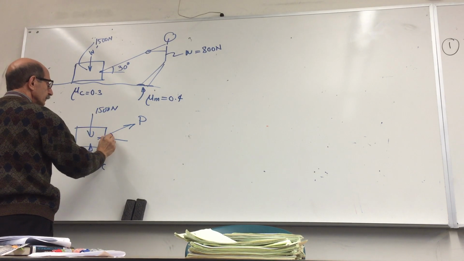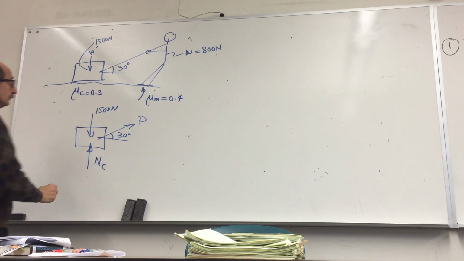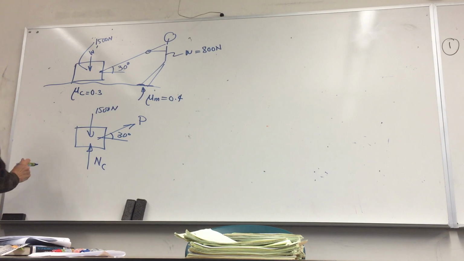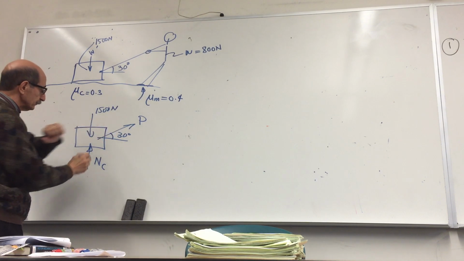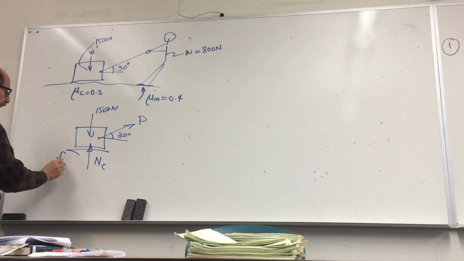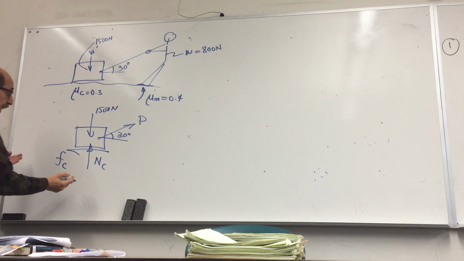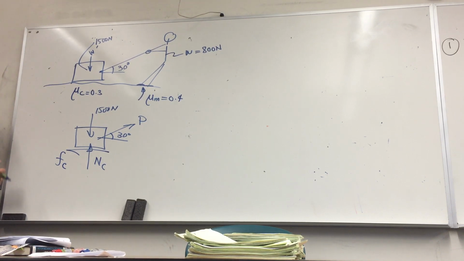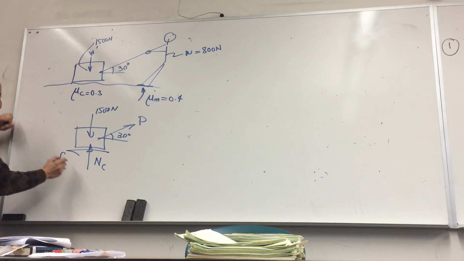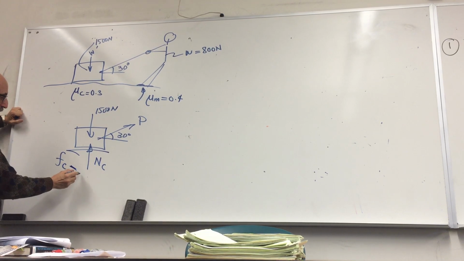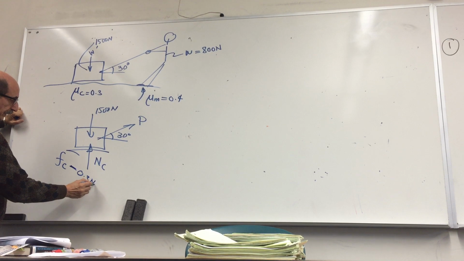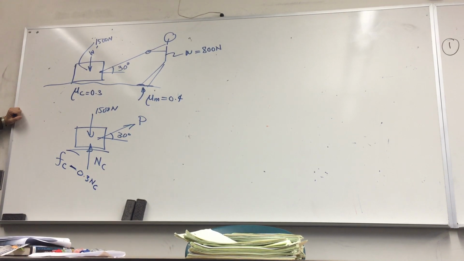So this guy is pulling at 30 degrees. If this is going to move, it's going to move in that direction, so the friction force would be this, and obviously, we're talking about the impending motion, the maximum friction force, so that'll be 0.3 Nc. That's the free body diagram of this box.